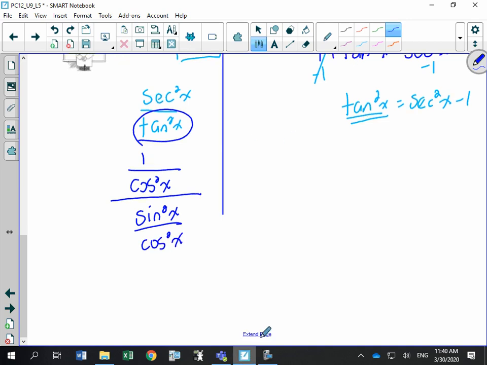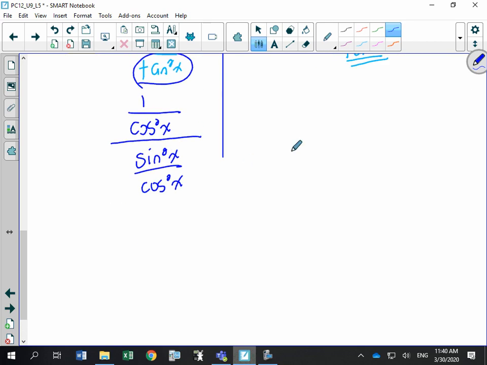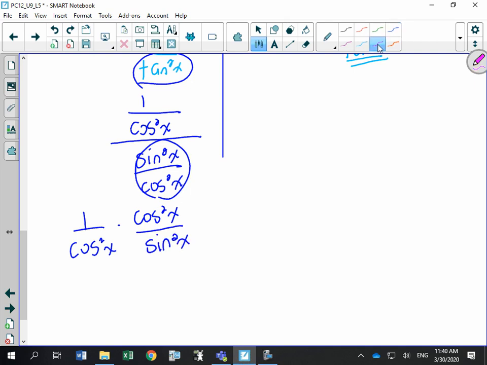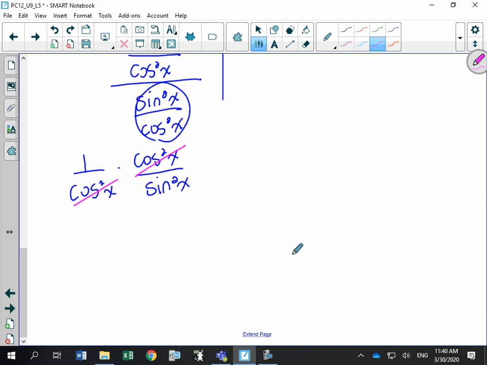Let's deal with these two fractions, and instead of dividing, let's multiply by the reciprocal. So the first fraction is 1 over cos squared of x times the reciprocal of this guy, cos squared of x over sine squared of x. I hope everyone can see that cos squared of x over cos squared of x would cancel. And what I have here is 1 over sine squared of x, which is the exact same thing as cosecant squared of x.